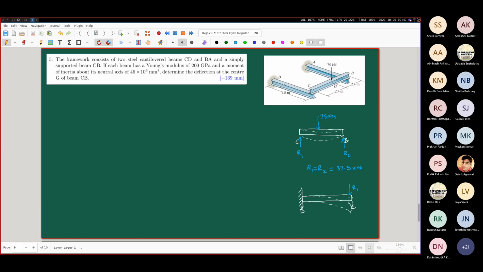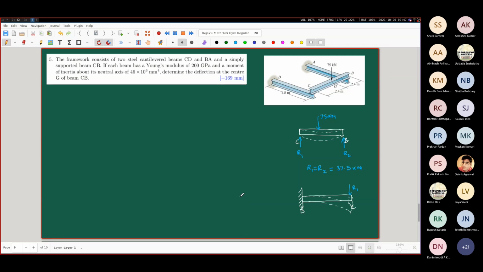So there are two deflections which add up at the point G. First of all is the deflection due to the movement of this C and this point B downward. And over and above that, the deflection due to this 75 kilonewton force directly. So overall, we have to add them up.